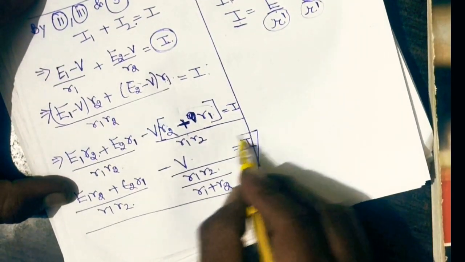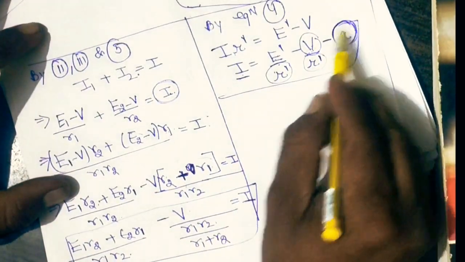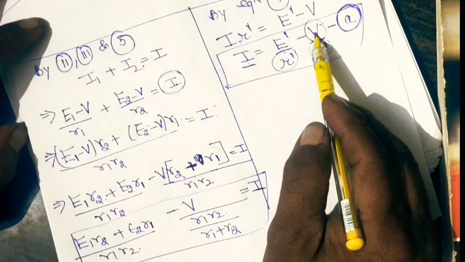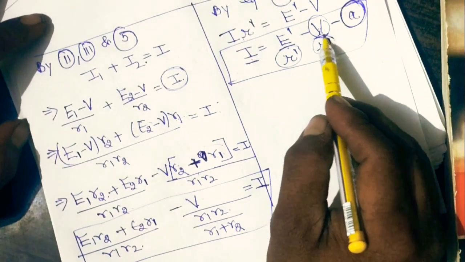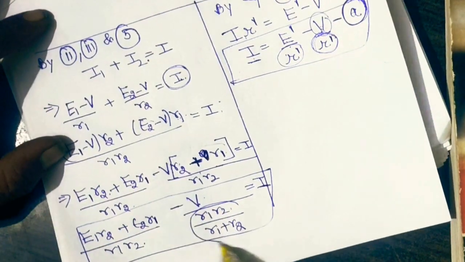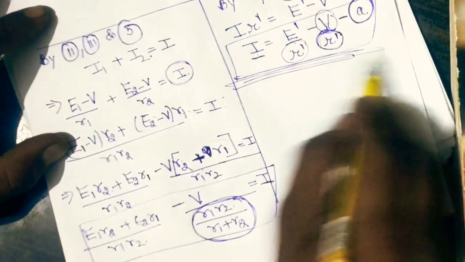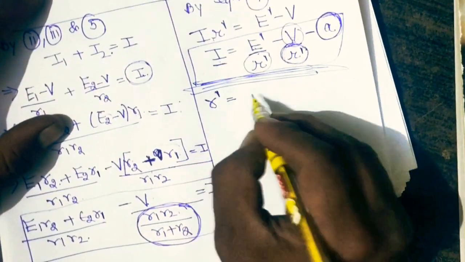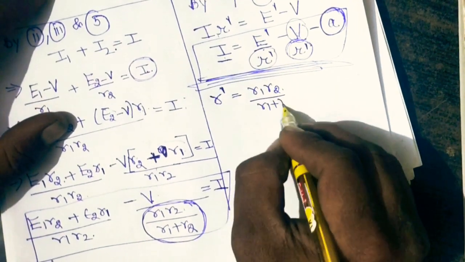Now I will compare this equation with this equation. The first thing you will notice is that here V is single, here also V is single. Here V is being divided by the equivalent resistance, so whatever is dividing V is the equivalent resistance. So we can say that the equivalent resistance R dash will be equal to R1 R2 upon R1 plus R2.